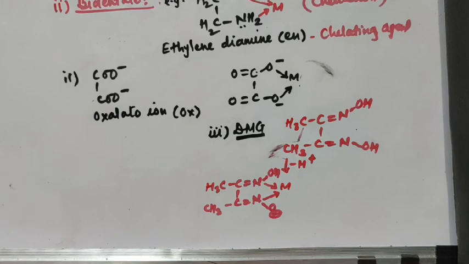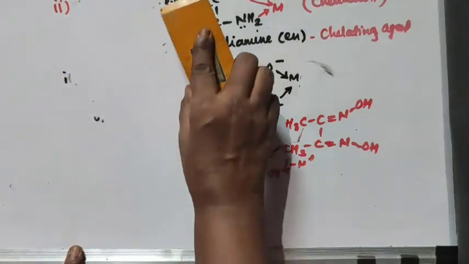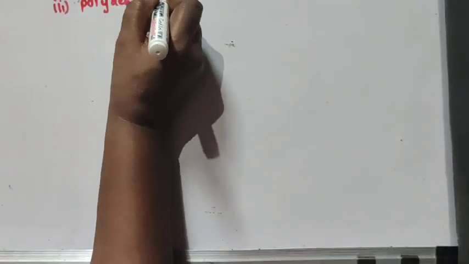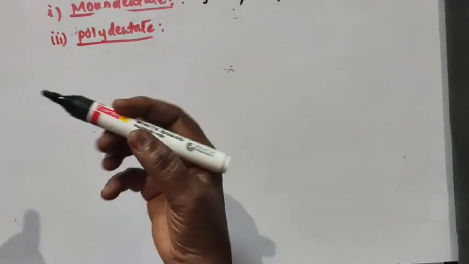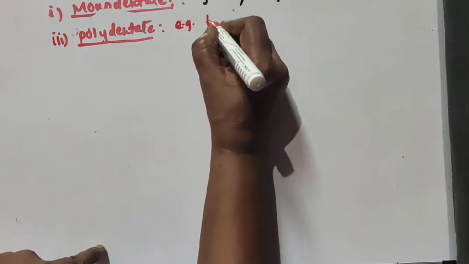The third class is polydentate. Poly means many, and we'll take the example of EDTA. Polydentate ligand, example is EDTA.